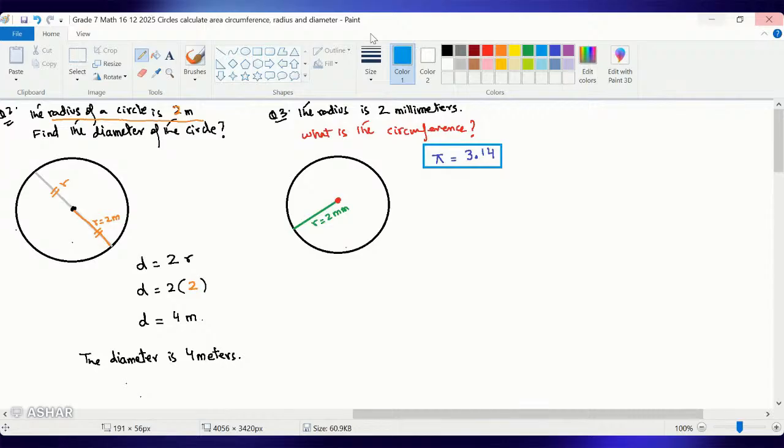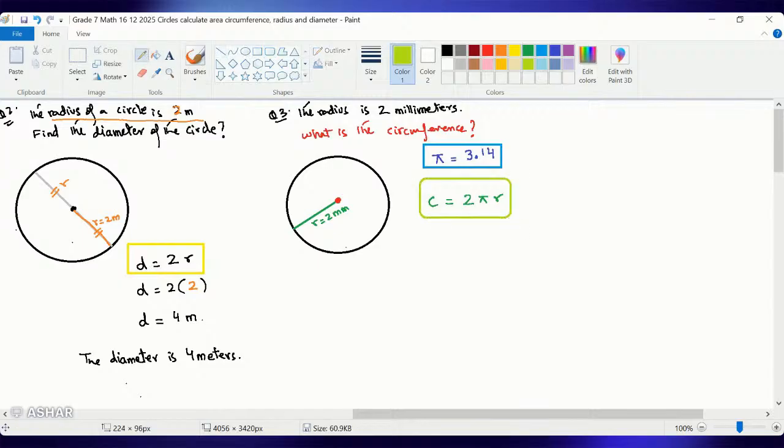Now let's look at the formula. We already did the formula for diameter and radius, right? Now let's look at the formula for circumference. The formula for the circumference is circumference equals 2 multiplied by pi multiplied by r, the radius. This is the formula for finding the circumference.